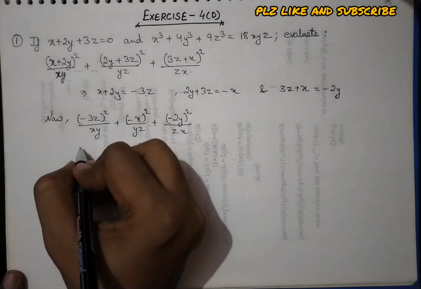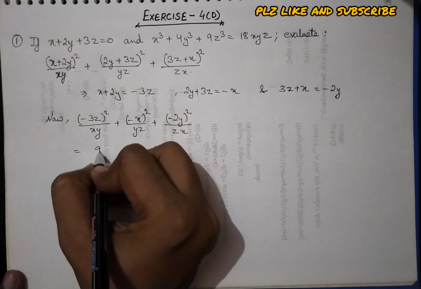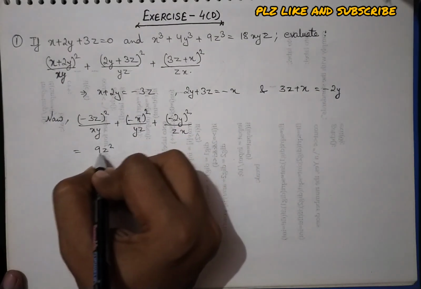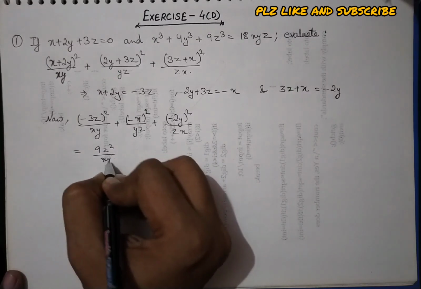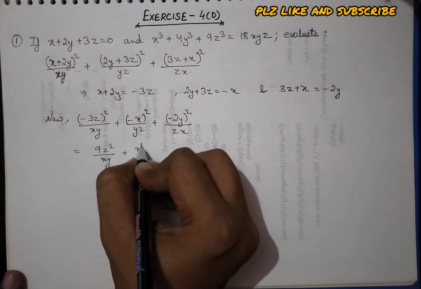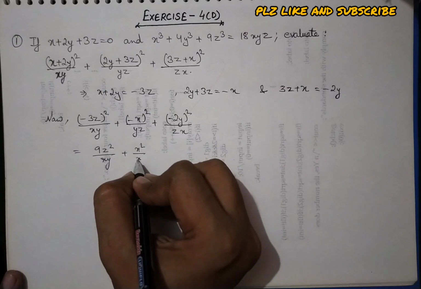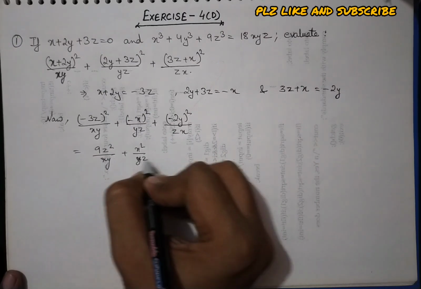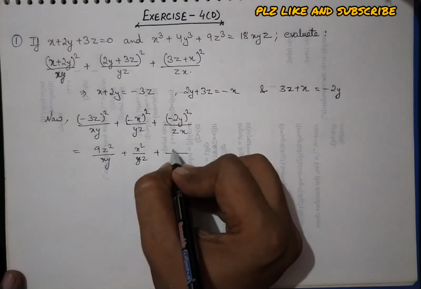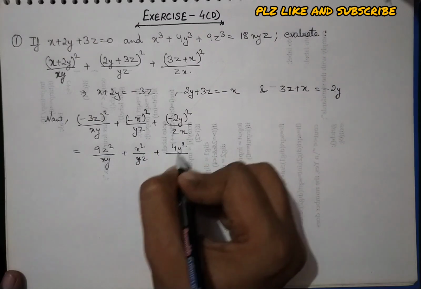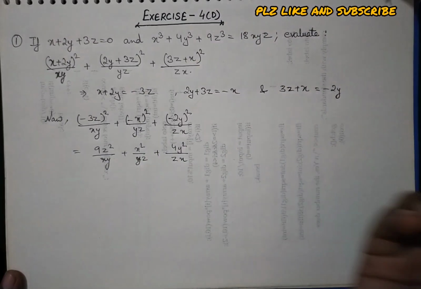Now this will be 9z square upon xy plus x square upon yz, and this will be 4y square upon zx.